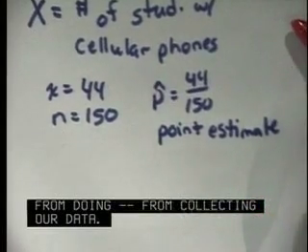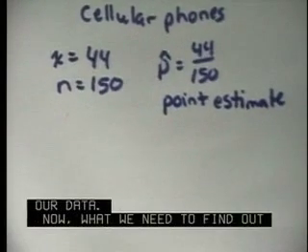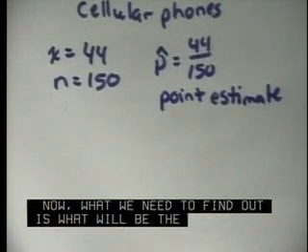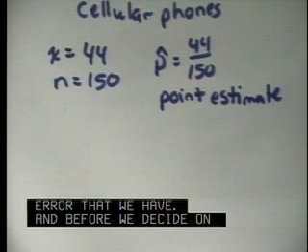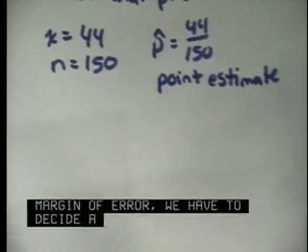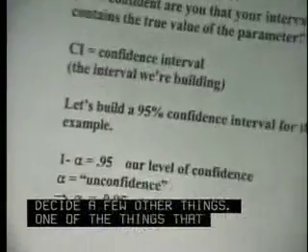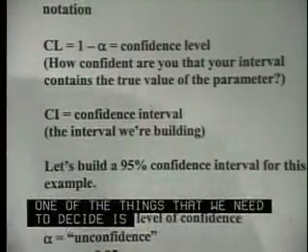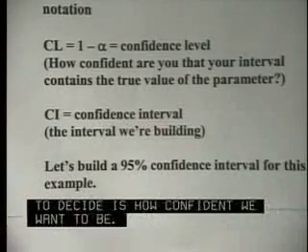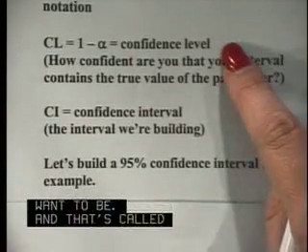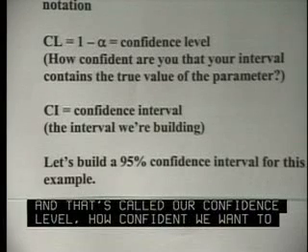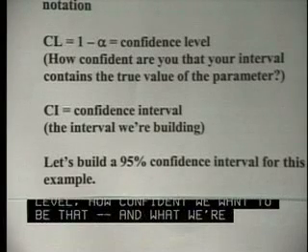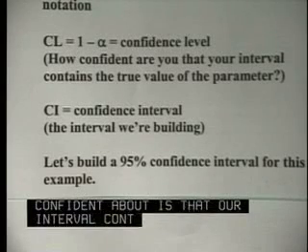Now what we need to find out is the margin of error that we have. And before we decide on the margin of error, we have to decide a few other things. One of the things that we need to decide is how confident we want to be. That's called our confidence level. What we're confident about is that our interval contains the true value of the parameter.